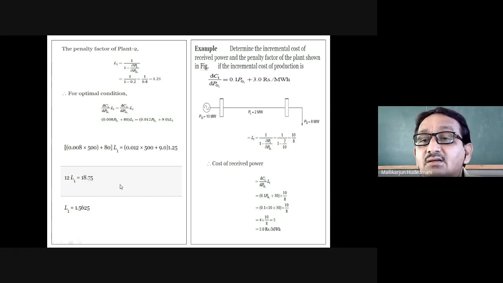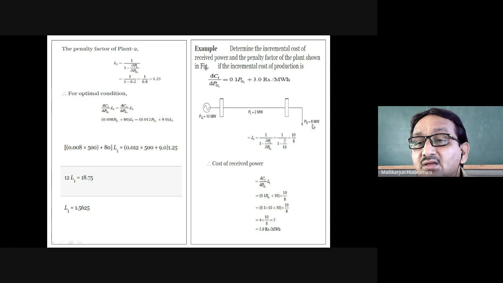Similarly, I have to determine the incremental cost of received power and the penalty factor of the plant shown in the figure. The load is far away from the generator. PL loss is 2 megawatt, set generation is 10 megawatt, demand is 8 megawatt.